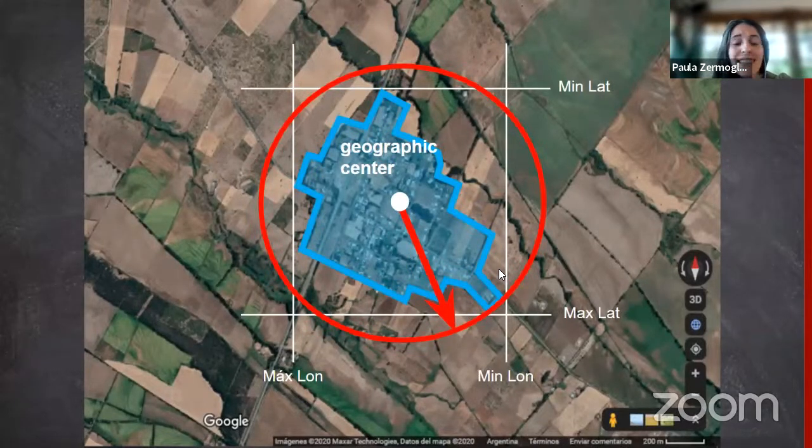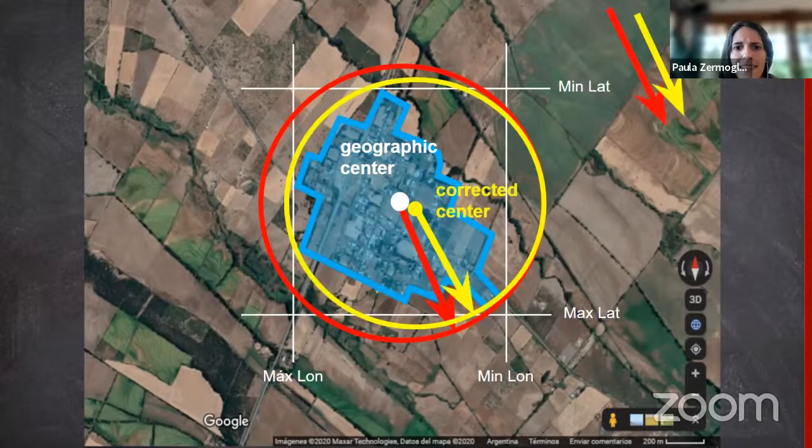Now, this is not the minimum circle that we can draw around this town. There is another circle that is a little smaller that can still include all this town. That is this circle drawn in yellow here.